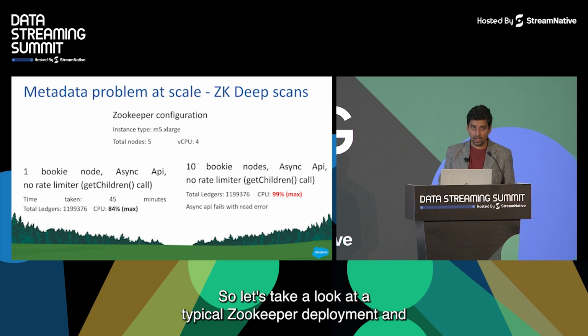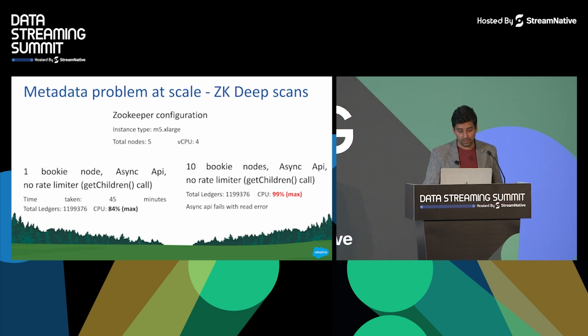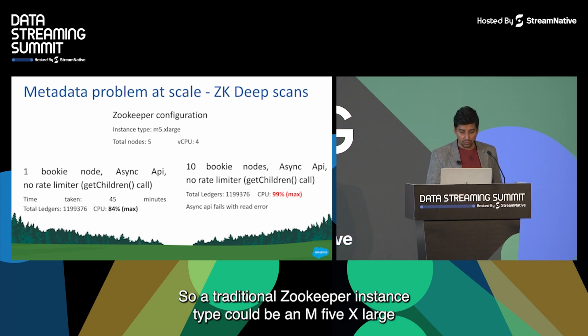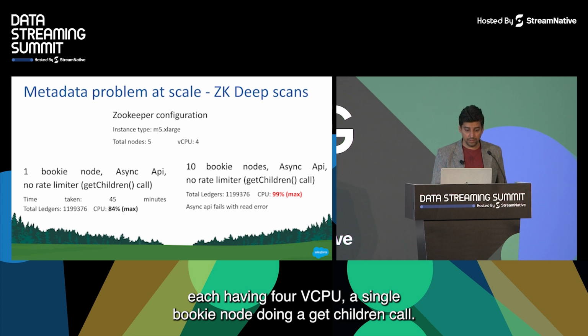So let's take a look at a typical ZooKeeper deployment and see how it gets affected by these deep scans, right? A traditional ZooKeeper instance type could be an M5 xlarge, speaking in AWS terms, in an ensemble of 5 ZooKeeper servers, each having 4 vCPU.